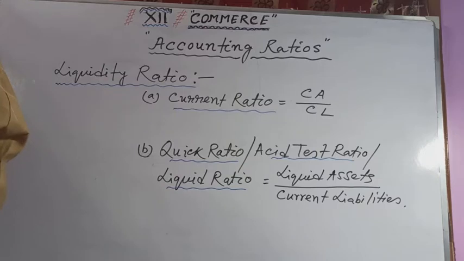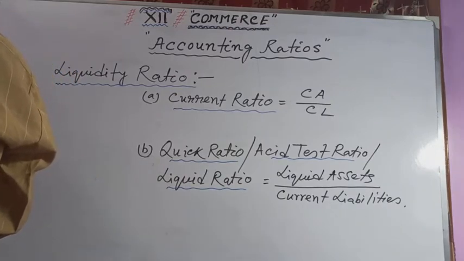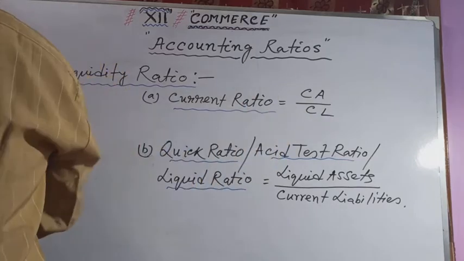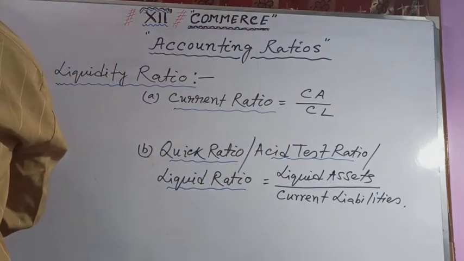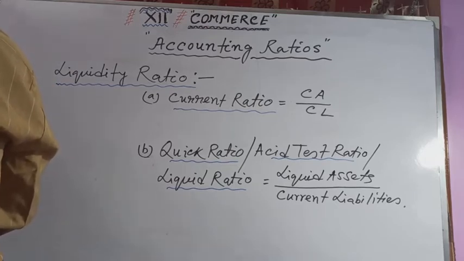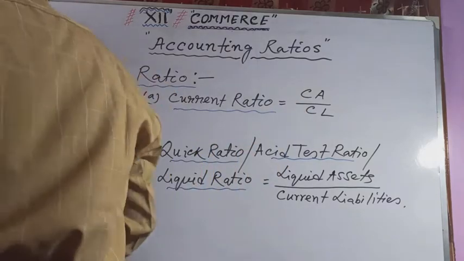Similarly, current liabilities are those liabilities which are payable to outsiders within a very short period, that is 12 months from the date of the balance sheet or within the operating cycle. Examples are short term borrowings, bills payable, sundry creditors, bank overdraft, short term provisions and other current liabilities.